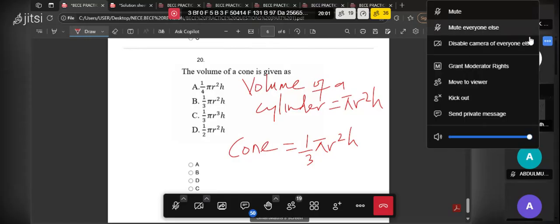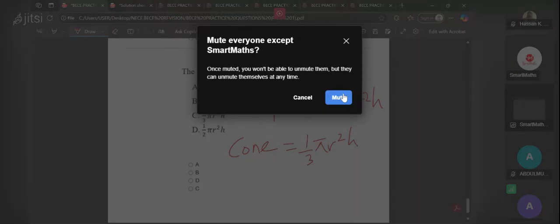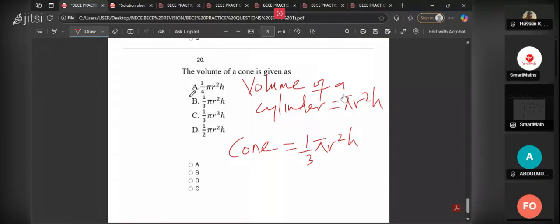This is clear, right? Moderator, please. Thank you, moderator. All right, so that is option B. That is that for this part.